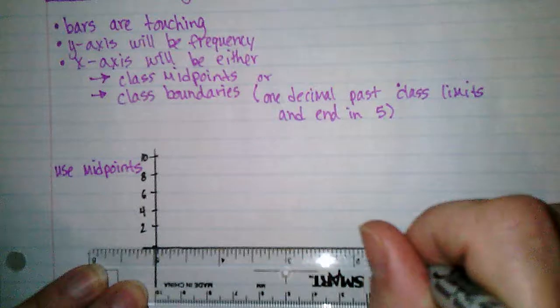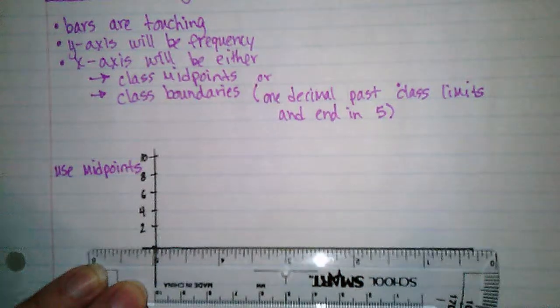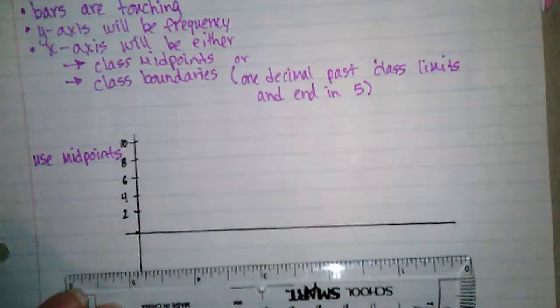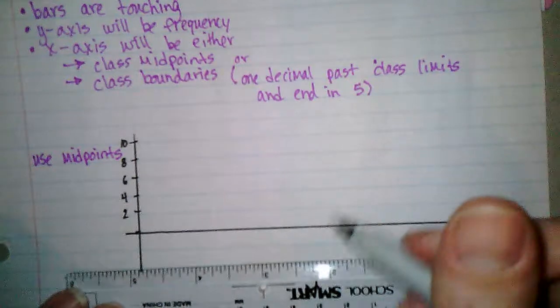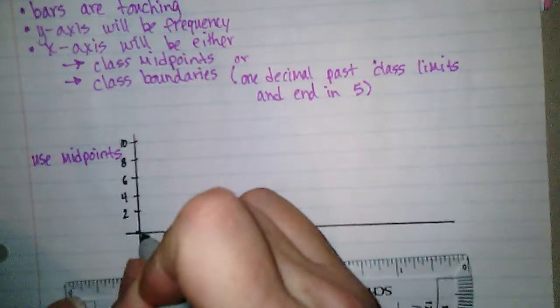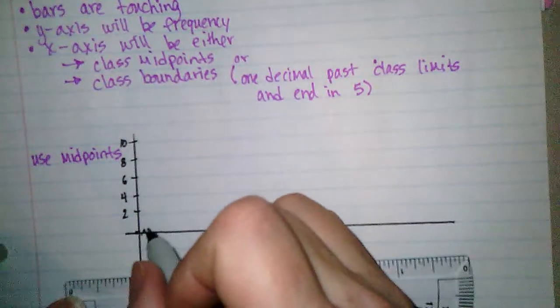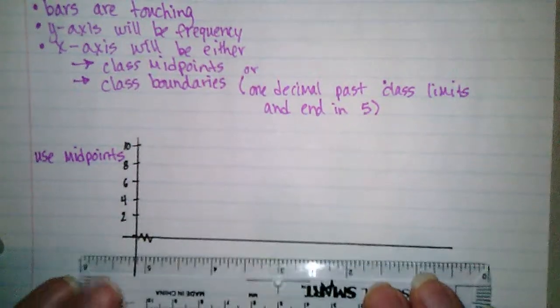And then my horizontal axis, my x-axis, is going to be either class midpoints or class boundaries. I'm using midpoints this time. My first midpoint was 84.5. So I need to show that there's a break in my axis, so I use that broken axis symbol there.